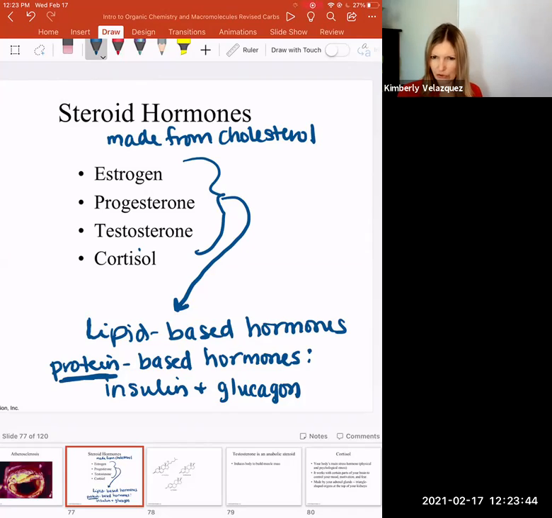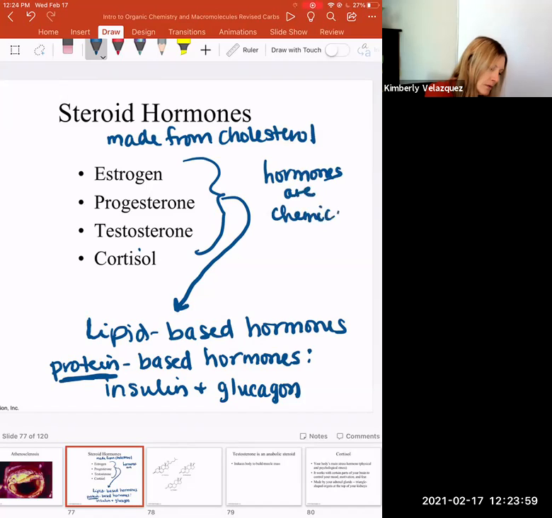What are hormones? Hormones are chemical messengers. They're produced in one part of the body and they have an effect in another part of the body. They're usually produced by glands, but they're also produced by organs. So for example, insulin.